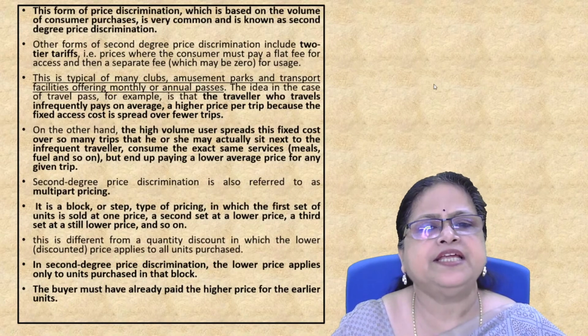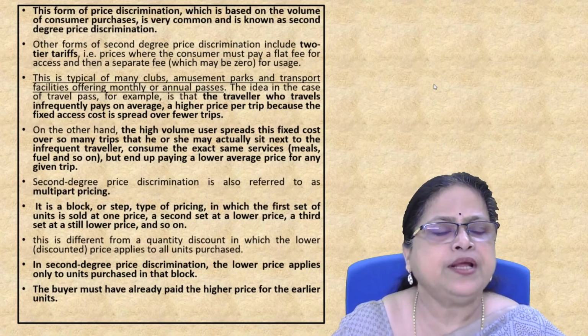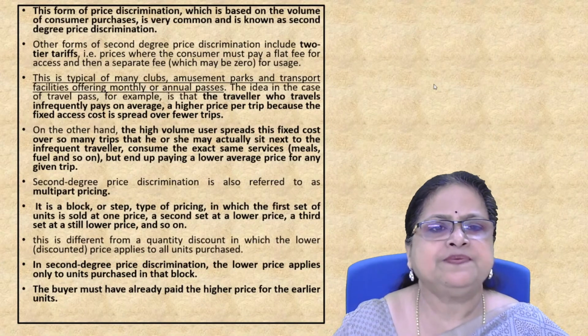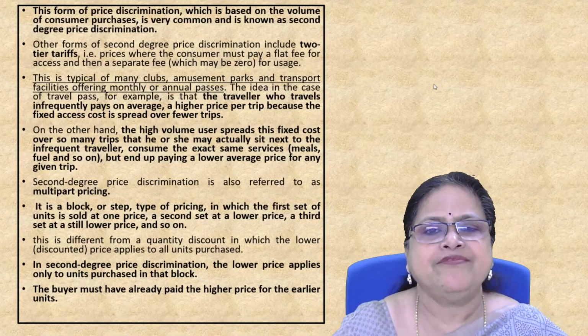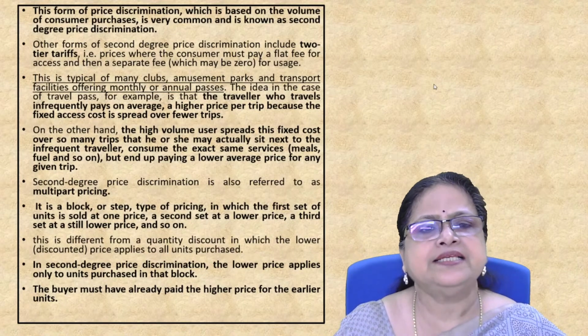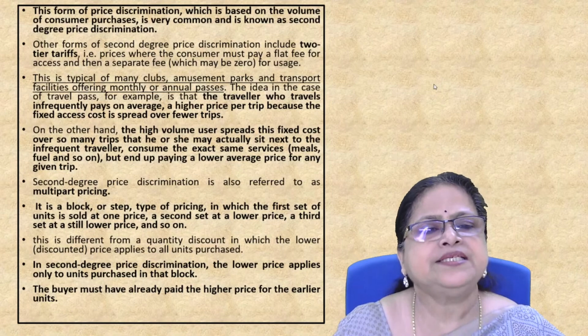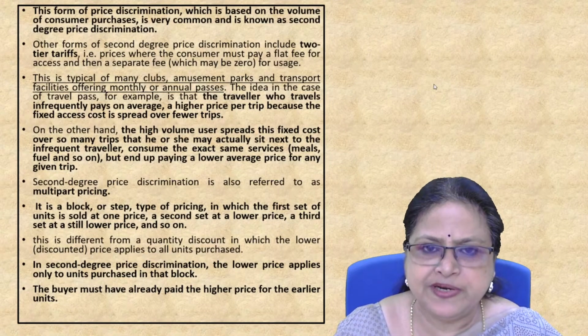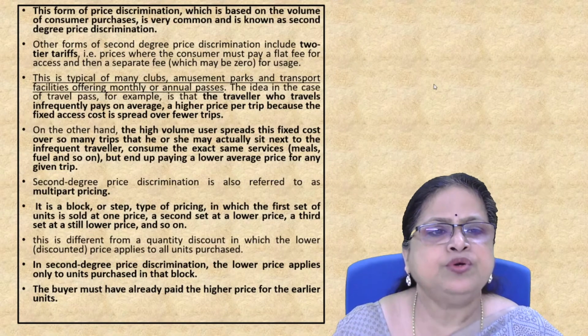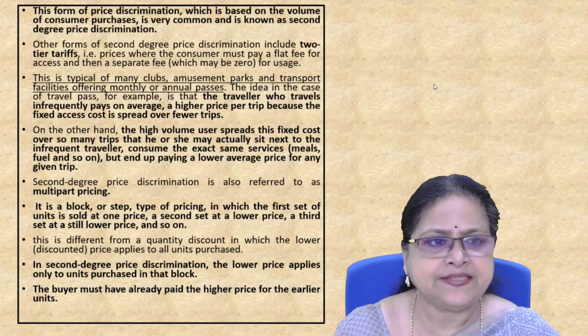Other forms of second degree price discrimination include two-part tariffs, that is, prices where consumers must pay a flat fee for access and then a separate fee for use. This is typical of many clubs, amusement parks, and transport facilities which offer monthly or annual passes.